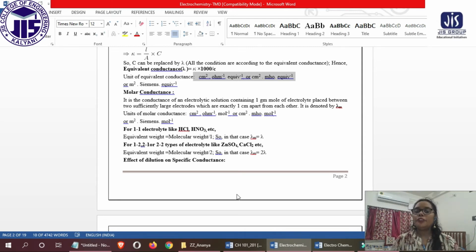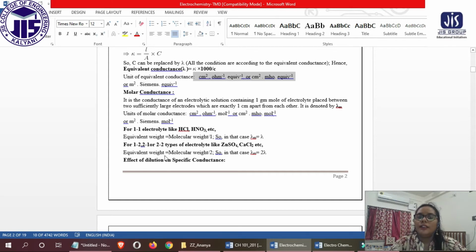That conductance is denoted as the molar conductance. The unit of molar conductance is centimeter square ohm inverse per mole, because we are taking 1 gram mole, or centimeter square mole inverse. These are the units of the molar conductance.